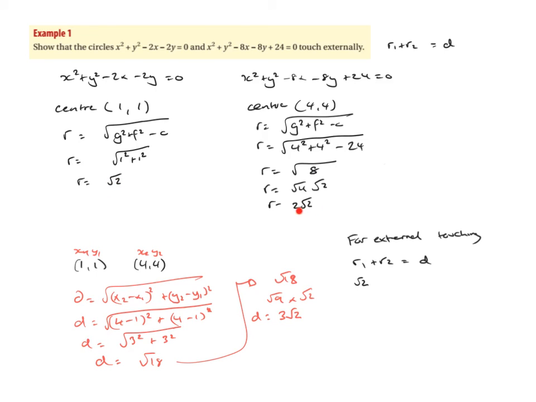My R2 is going to be 2 root 2 here, so plus 2 root 2 must equal the distance between the two centres, and the distance between the two centres we've calculated down here to be equal to 3 root 2. And if we have one lot of root 2 plus 2 lots of root 2, that means we've got 3 lots of root 2 on the left-hand side is equal to 3 lots of root 2 on the right-hand side. Therefore, they are touching externally.